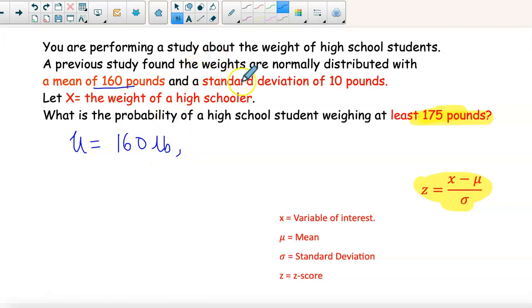Then standard deviation, the symbol for standard deviation is here, see? Standard deviation is sigma, mean is mu, right? Standard deviation is 10. Variable of interest, that is x. The value of x is 175 pounds, and the z-score.